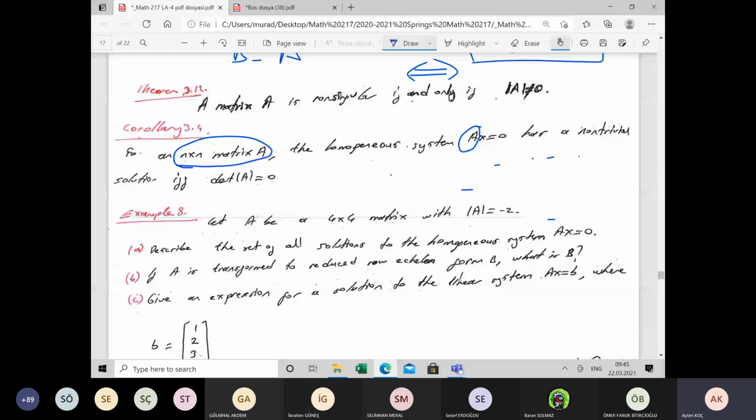We can define the determinant of A only if our matrix is a square matrix. If the coefficient matrix is not square, it is not possible to mention the determinant of A. This corollary is valid only if the coefficient matrix is a square matrix.